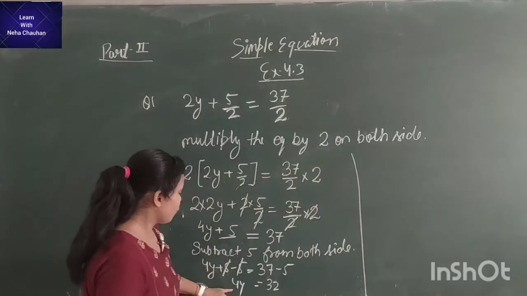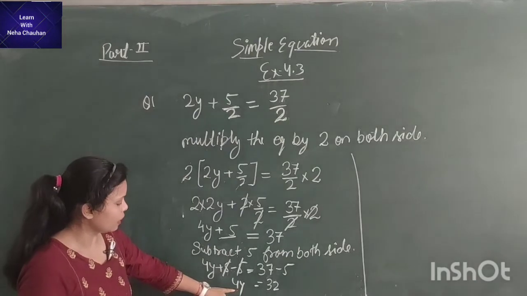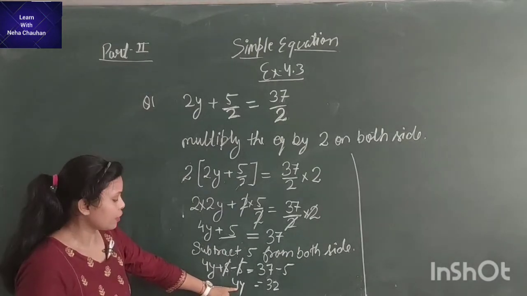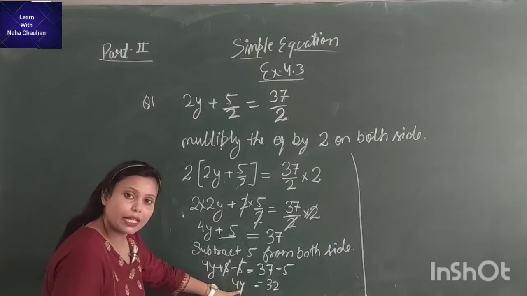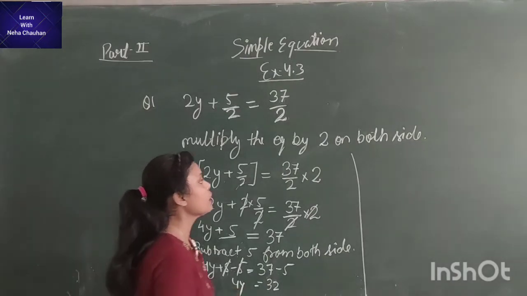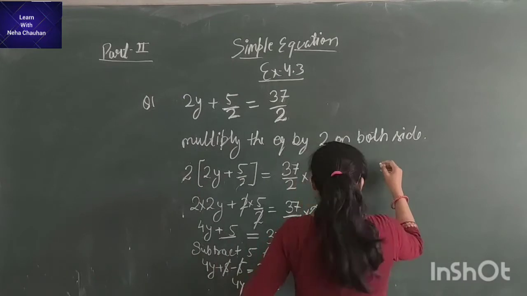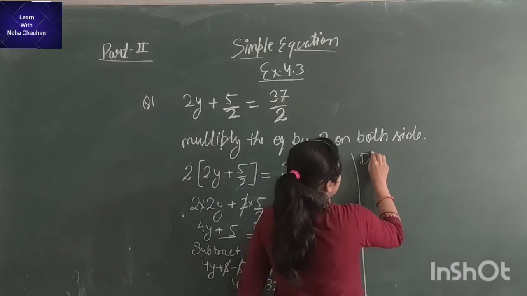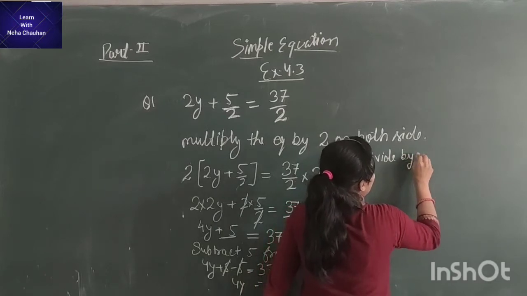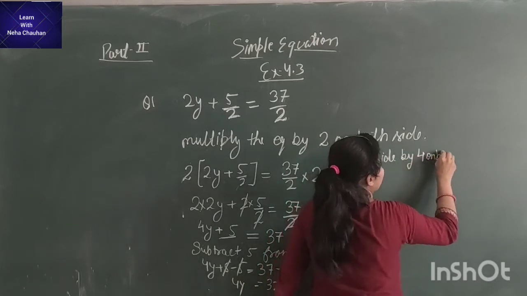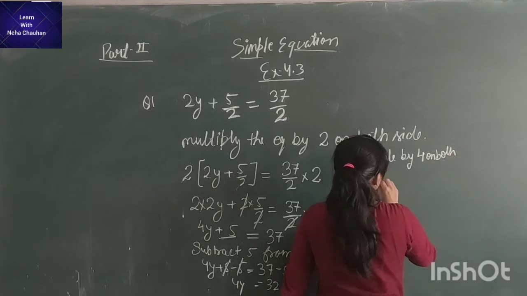So here we will now eliminate 4. The 4 is in multiplication. So what is the opposite of multiplication? That is division. So we will eliminate 4 by dividing by 4 on both sides.